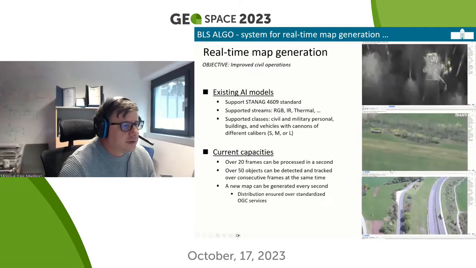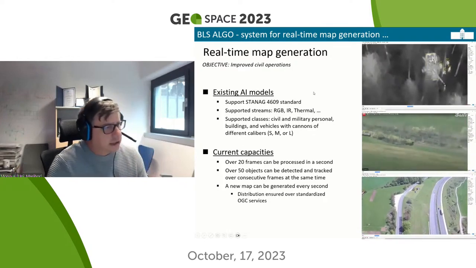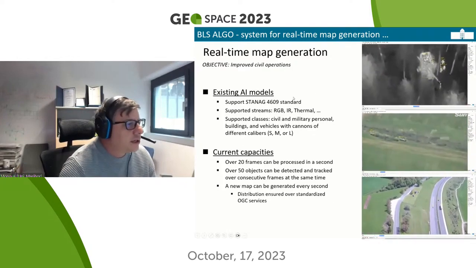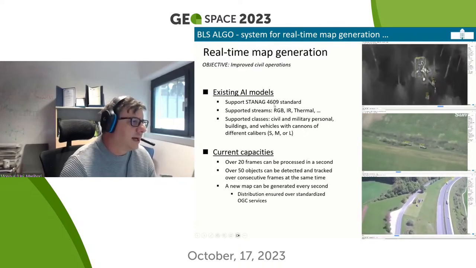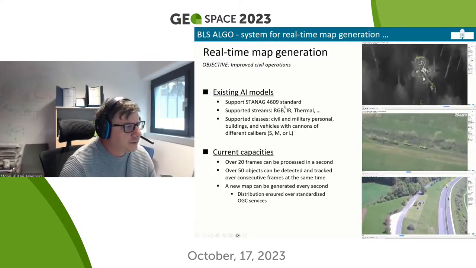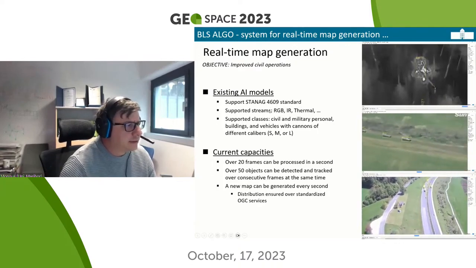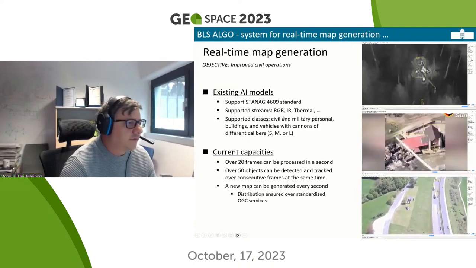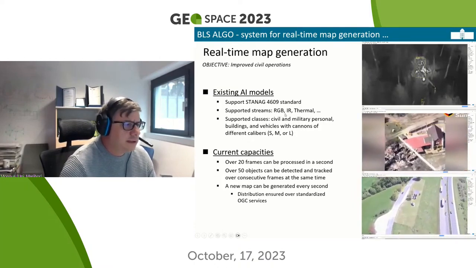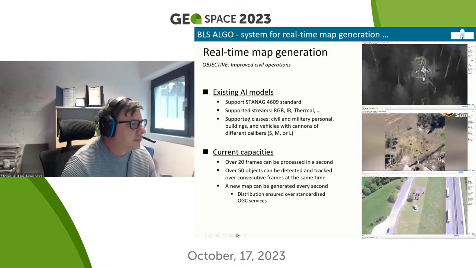These are some of the results of the monitoring. Currently, we support the STANAG 4609 standard. The currently developed object recognition systems allow for processing of RGB, infrared, thermal data, and also some LiDAR data.